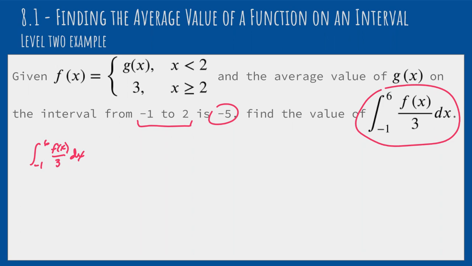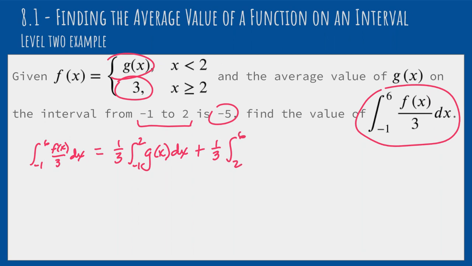The other thing I'm going to do is split f of x into g of x and 3 for those intervals. So I'm going to have 1/3 times the integral from -1 to 2 of g of x with respect to x plus 1/3 times the integral from 2 to 6 of 3 with respect to x.